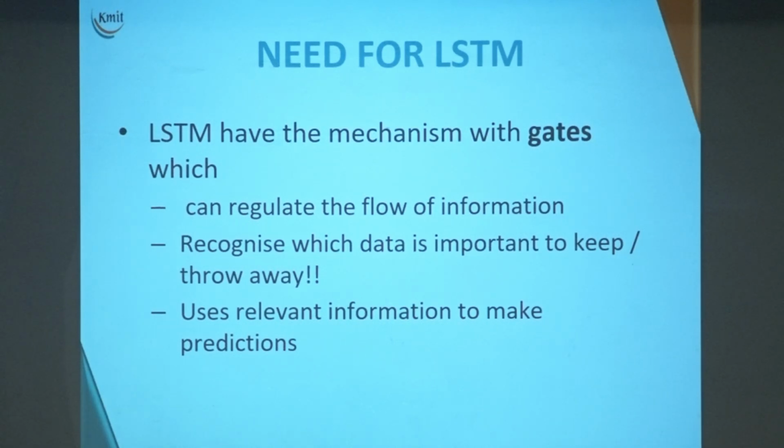It also understands, within the input that you are introducing, which particular word is of higher importance and priority, like keywords, and then it is going to retain it. Which one is of lower priority, it is going to discard. Clear enough? Next, it uses the relevant information to make the prediction. So it understands the context and then gives you the next word inside the prediction or whatsoever application that you are going to use it for. Clear enough, guys? Yeah?